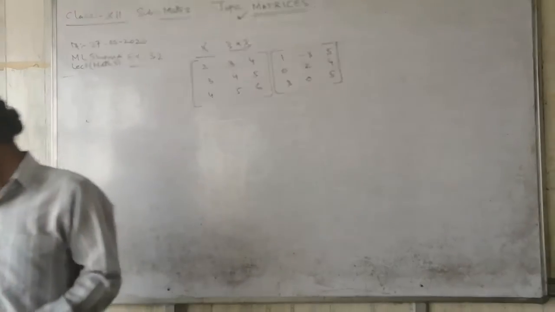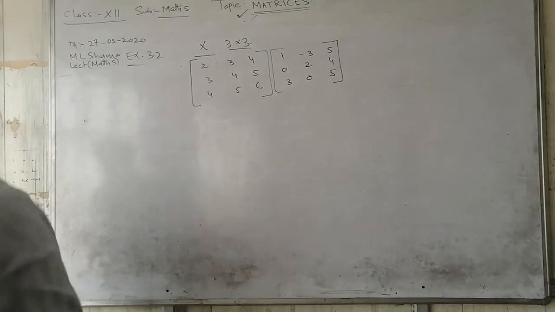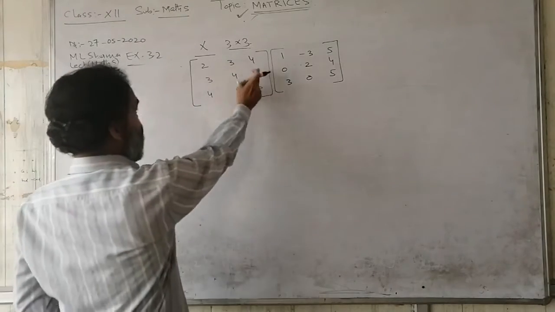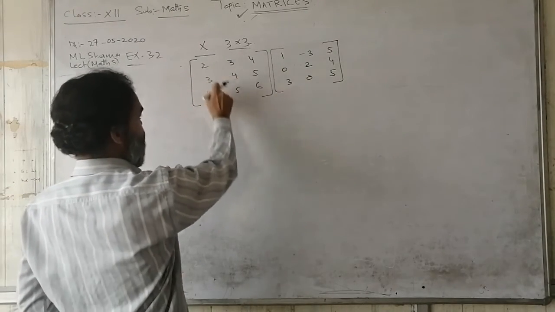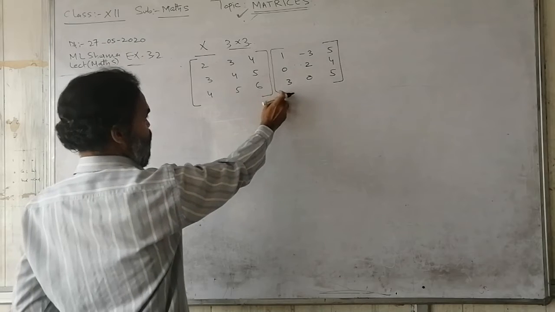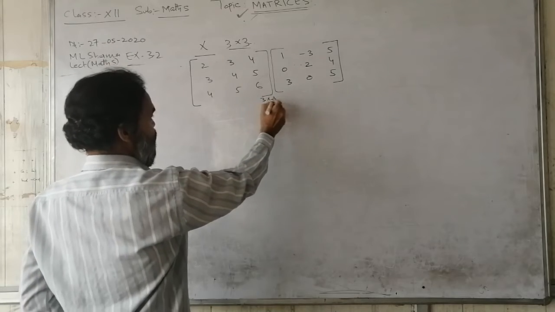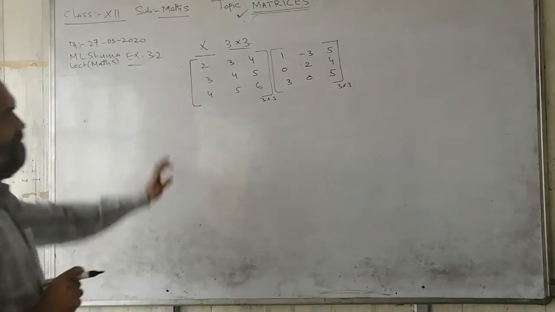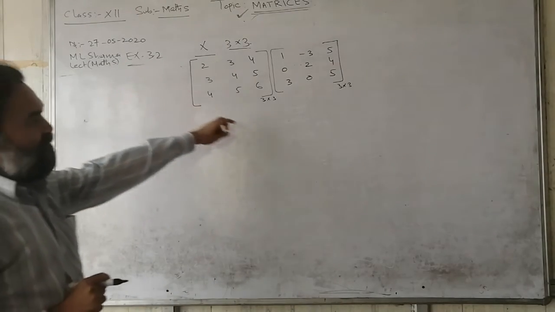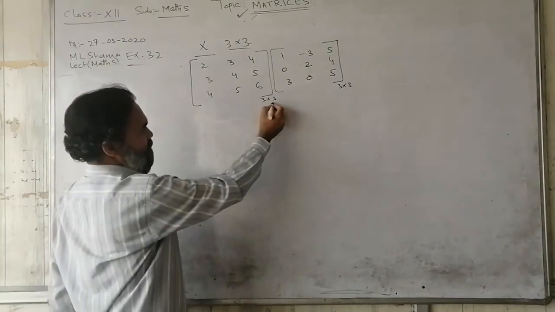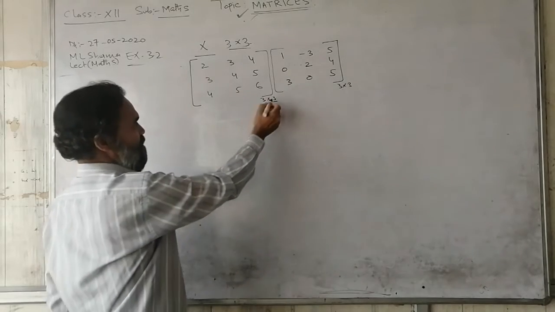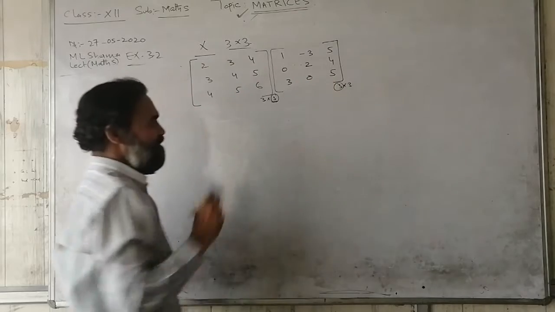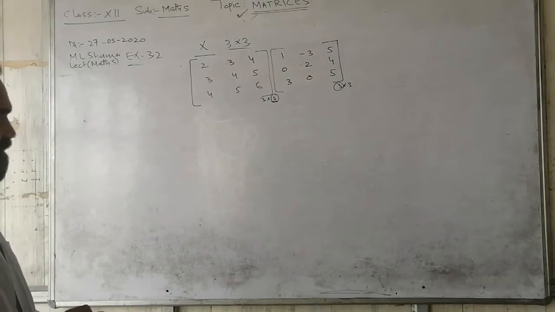So this is the case of a 3 by 3 matrix, so 3 rows and 3 columns. Here again 3 rows and 3 columns. So we can multiply here: the number of columns in the first matrix is 3, and the number of rows in the second matrix is 3.